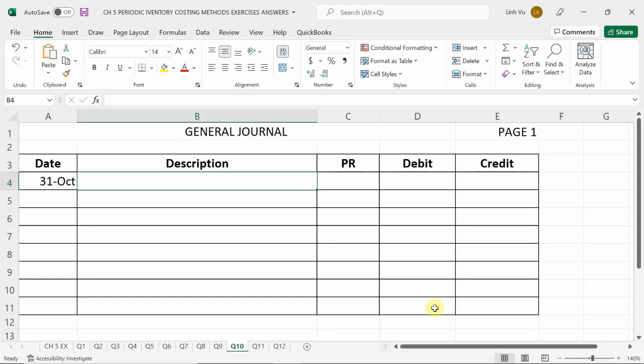Inventory. Inventory, right? In this case, we bought toys. What else? Go ahead. Purchase. And freight.